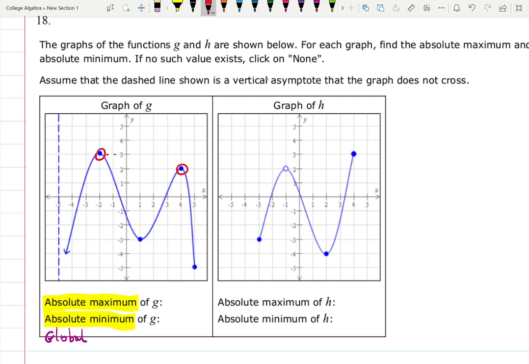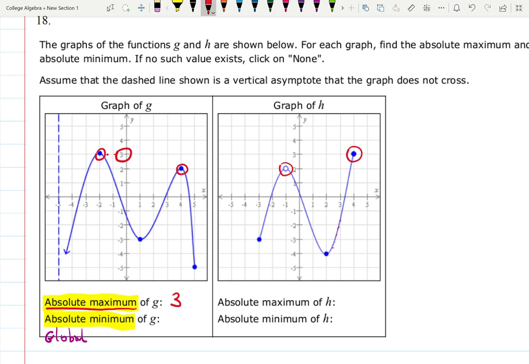Again, they ask you what the absolute maximum is, not where it is located. Well, it is 3 units high. So I will say 3 over here. Makes sense? Let's do this for h as well. For the second function on the right, I see one hill over here and then one hill over here. Even though it's a little bit cut off, it still counts as a hill.